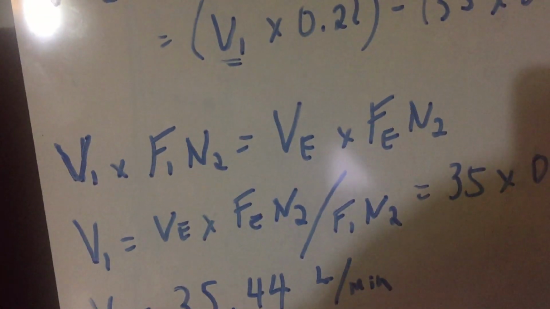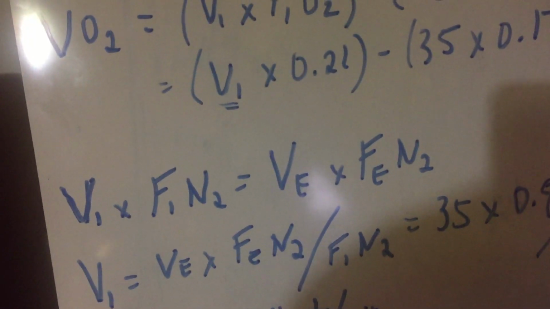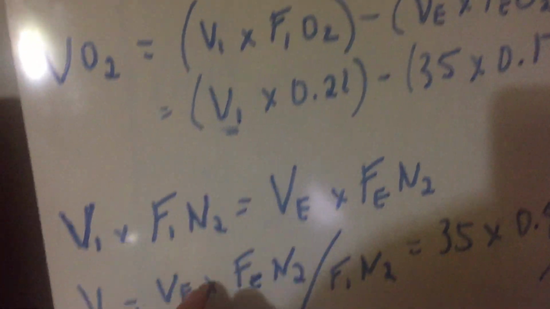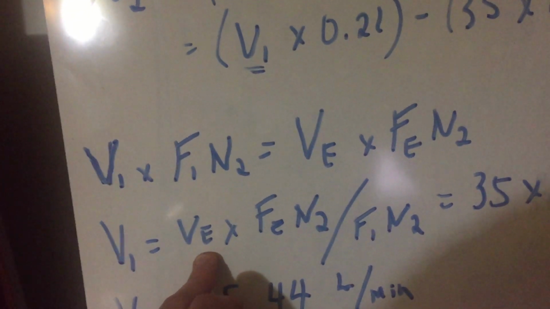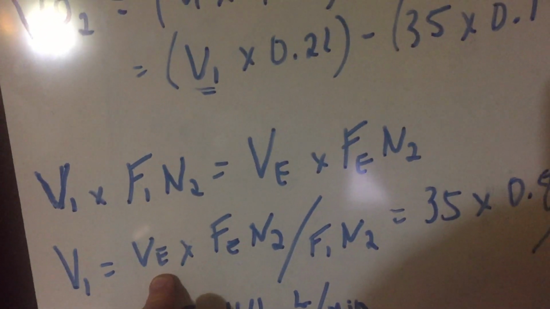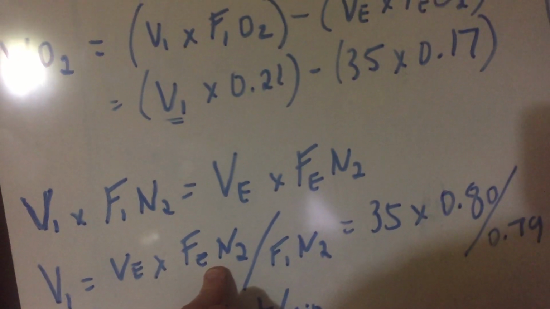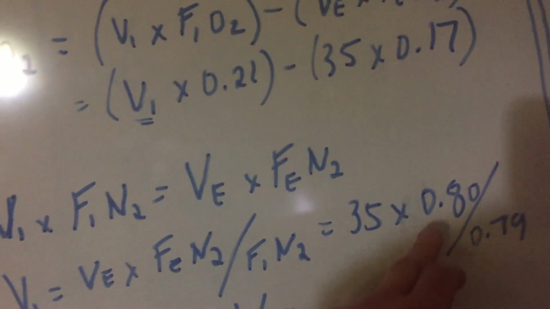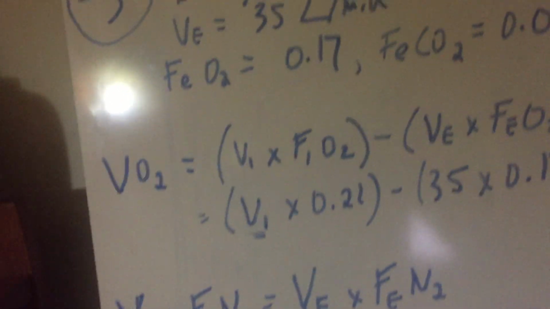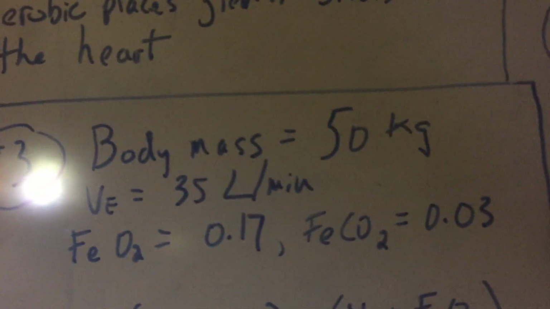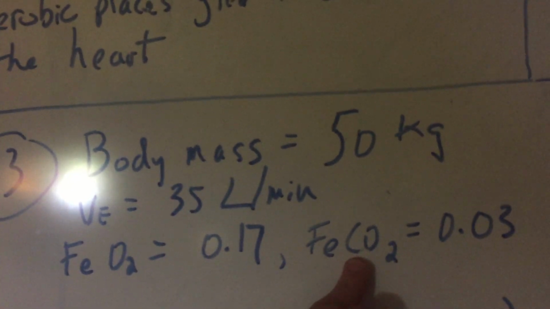So we go down here. I've rearranged the equation because we want to solve for ventilation inspired, so we can plug it into this VO2 equation. Down here, I've got ventilation expired, which we've measured with the metabolic cart. I've got the fraction of expired nitrogen, which is going to equal 80%. The way I figured that out is I went back up to the fraction of expired oxygen and expired carbon dioxide.